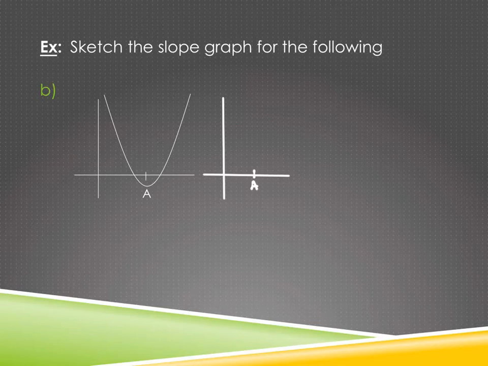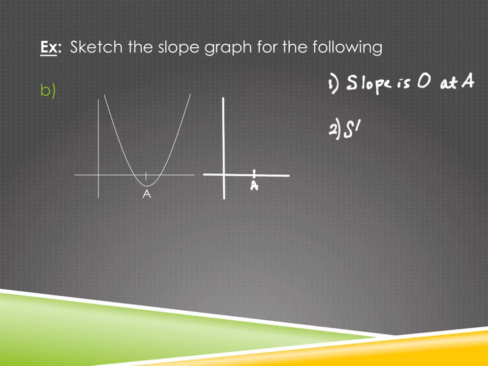But all right, so let's take a look then at what we can write down for this one. Our first step is to list where the slope is 0. So where is this slope 0? Right at A. It's 0 at A. Now what can you tell me about positive and negative in terms of this graph? Where is the slope positive?